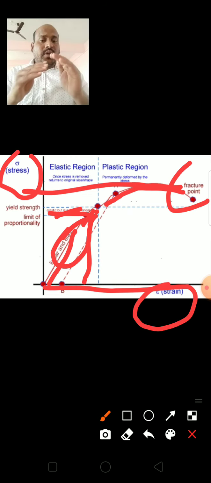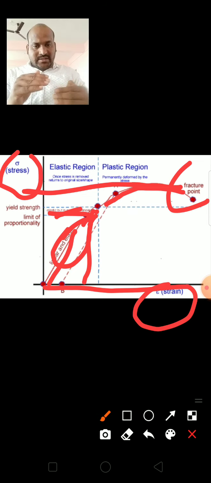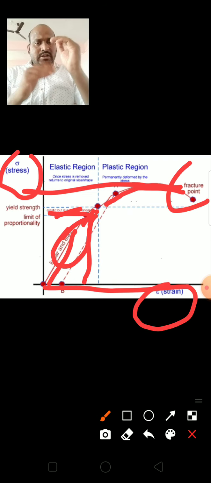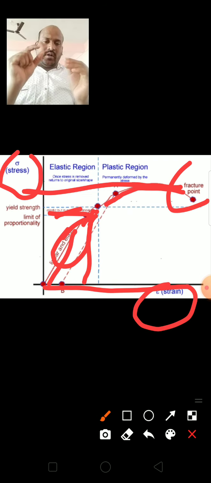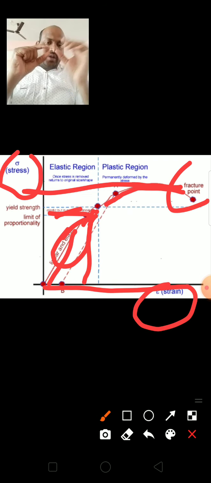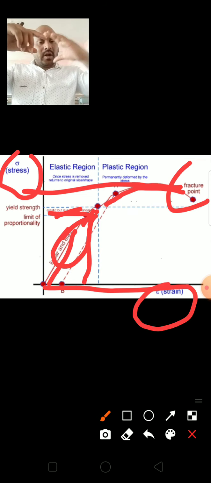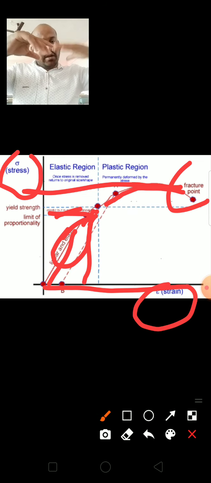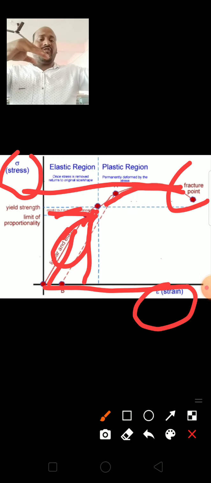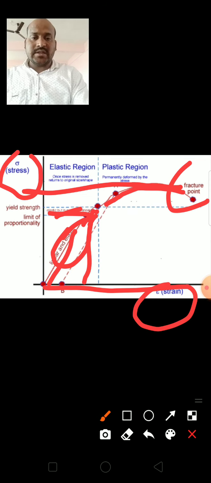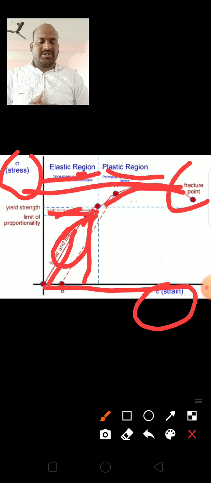If you exceed the elastic limit, even a small amount of force gives a large strain. If you exceed the force again, it will undergo permanent elongation, permanent deformation, and it does not come back to its original shape or size. That's why it is referred to as the plastic region, and the other as the elastic region.